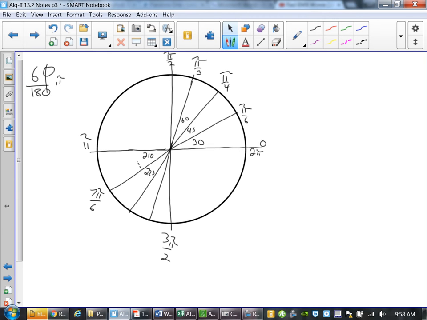It would be 5 pi over 4. And the same thing with the pi over 3. 60 degrees more than 180 would be 240. And then pi plus pi over 3 would be 4 pi over 3.